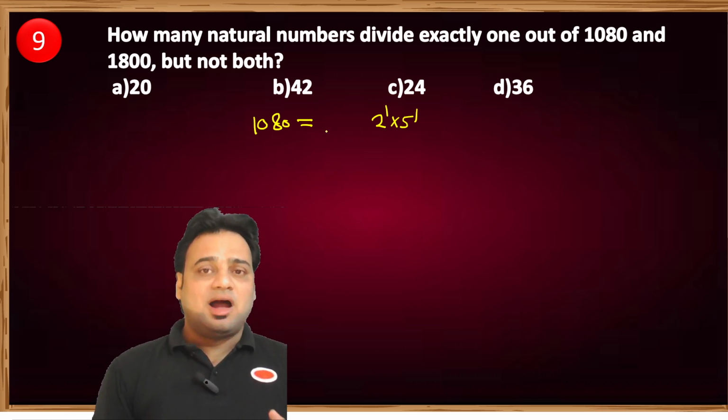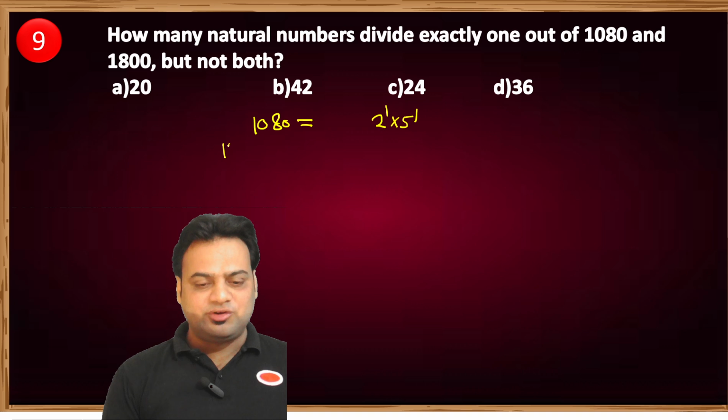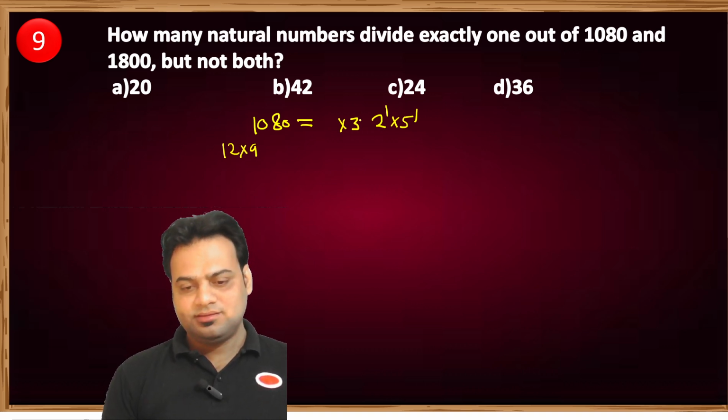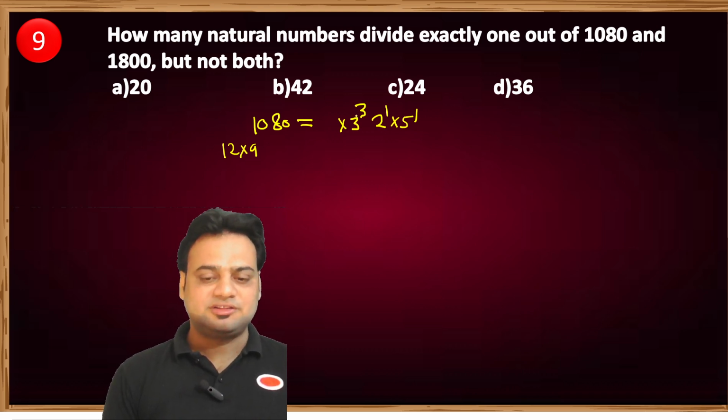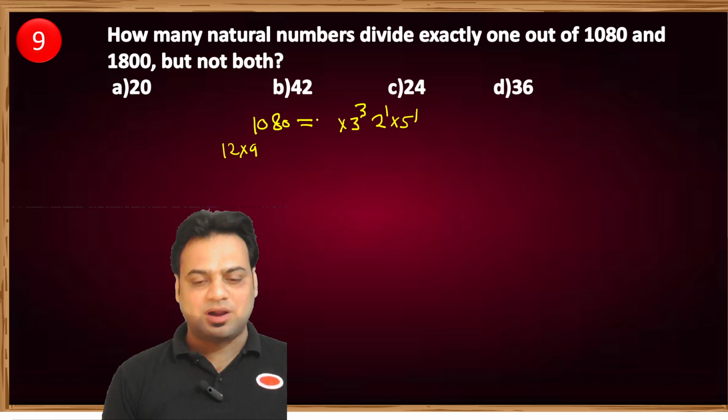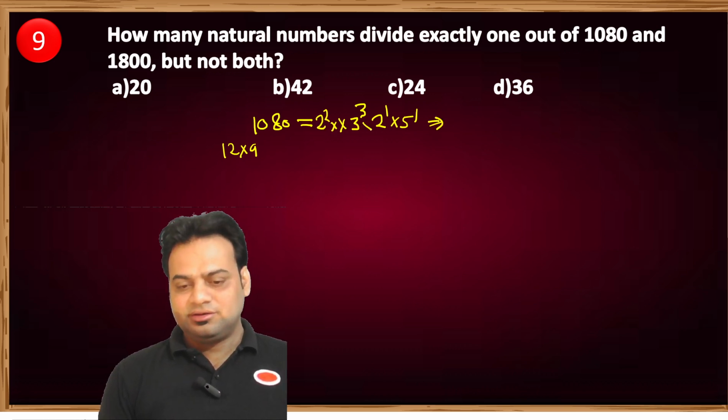If you write 12 times 9, 9 is 3 to the power 2, and 12 is 4 times 3, so that is 3 to the power 3, and 4 is 2 to the power 2. So you can write it completely as 2 to the power 3, 3 to the power 3, and 5 to the power 1.